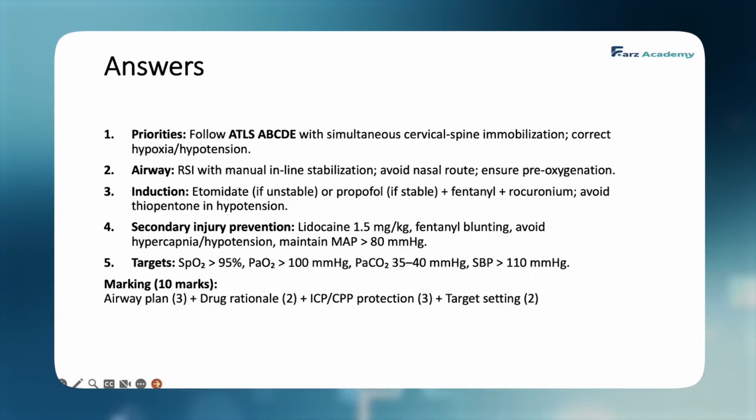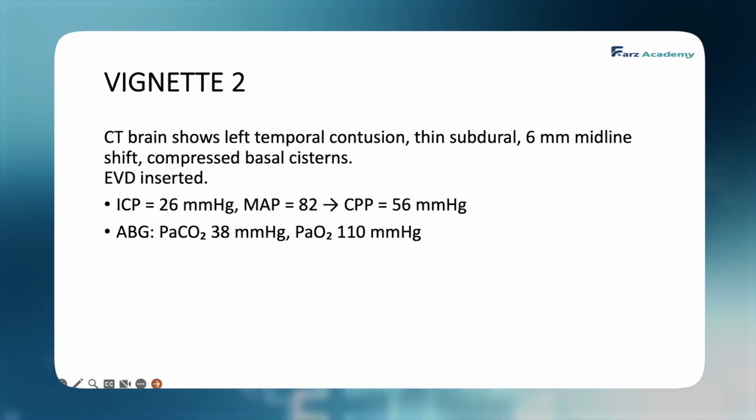Next, coming to scenario 2: CT scan brain shows left temporal contusion, thin subdural, 6 mm midline shift, compression of basal cisterns. EVD inserted, ICP showing 26 mmHg, MAP is 82, perfusion pressure 56, and ABG showing PaCO2 38, PO2 110.